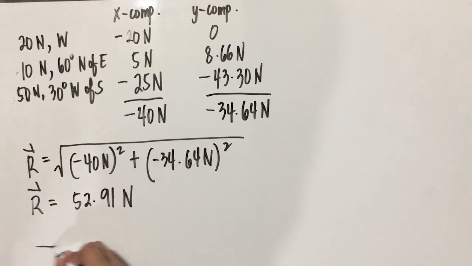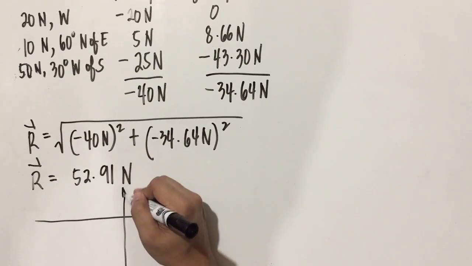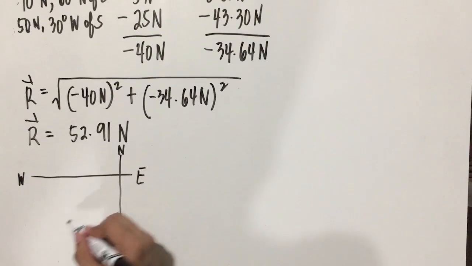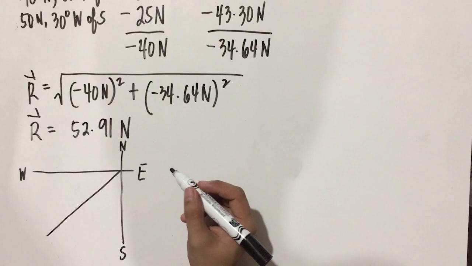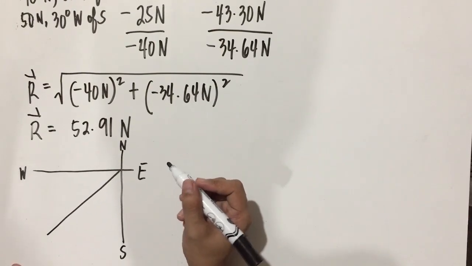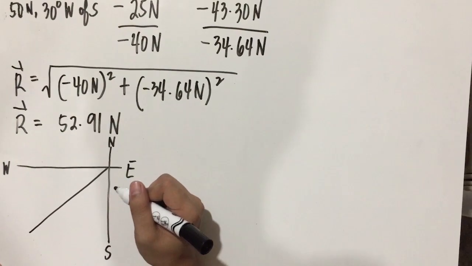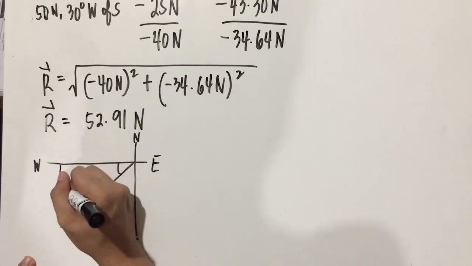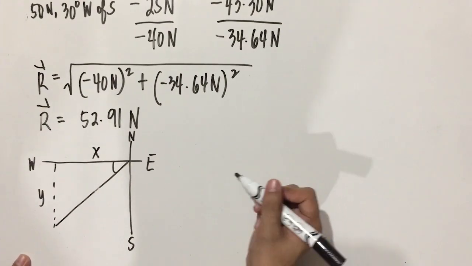Now we have to work on the direction. Negative is found on the third quadrant, with north, east, west, south. So we have to imagine that it is found on the third quadrant, and let's try to determine the angle for that part. We draw broken lines for the y and for the x.